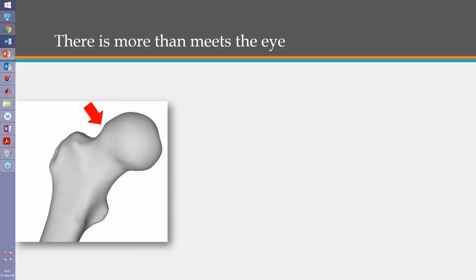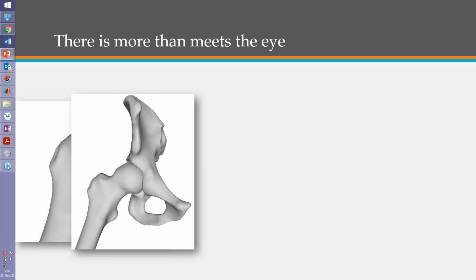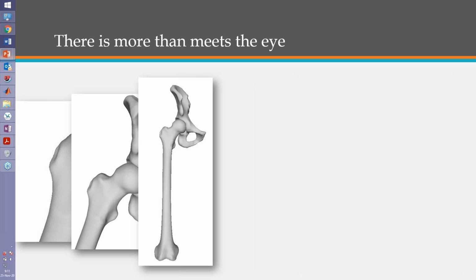But maybe it's not only that cam or that bump on the proximal femur. Maybe we have to focus also on the other side, the acetabulum, the overall coverage, and the combination with that proximal femur and that possible cam. What if we look a little bit further and we evaluate the neck shaft angle as well, look into the femoral version and its effects on the torque or the moment that can be generated and the consequential reaction force in the joint.